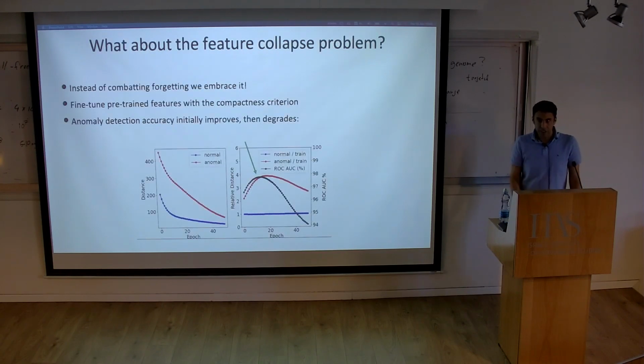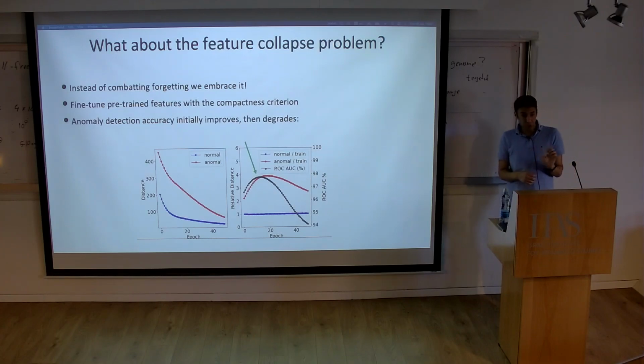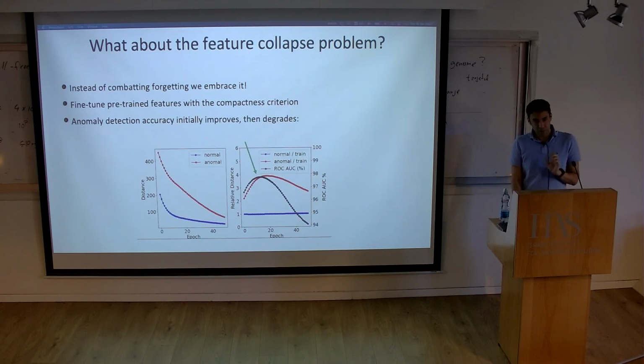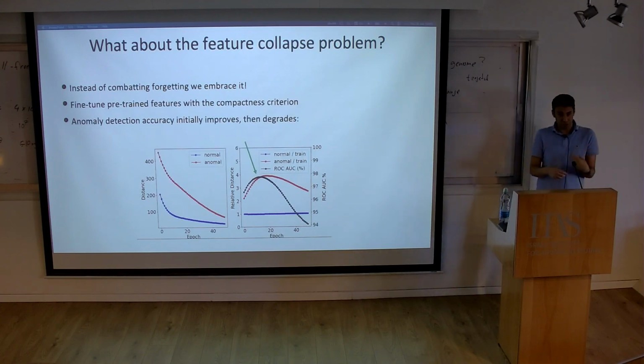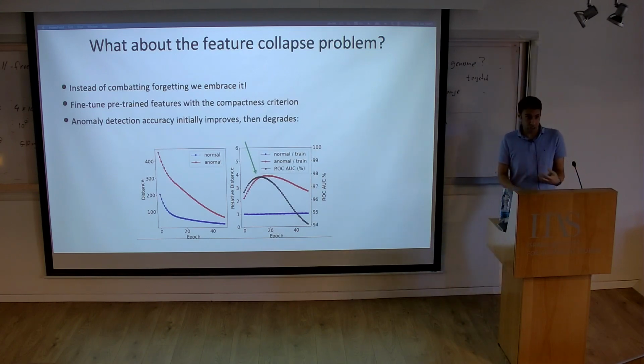Our idea was to say, collapse indeed happens, but maybe we shouldn't be too afraid of this collapse. And the reason is that this collapse might happen at infinity. If we train our network for an infinite number of iterations, then indeed everything is actually going to collapse to the center. But what happens before infinity, right? Because infinity is a long time.